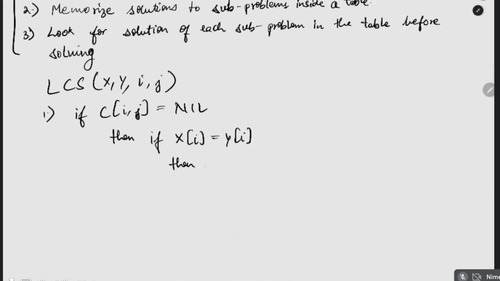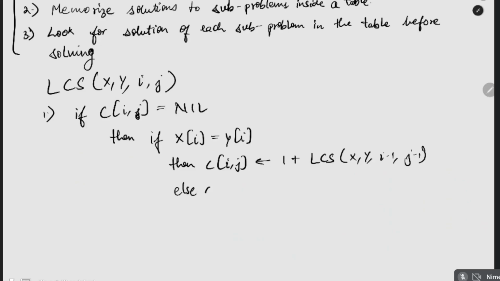So then C of i comma j is the LCS, as we wrote above, 1 plus LCS of x, y, i minus 1 and j minus 1, because we have found the match, right?